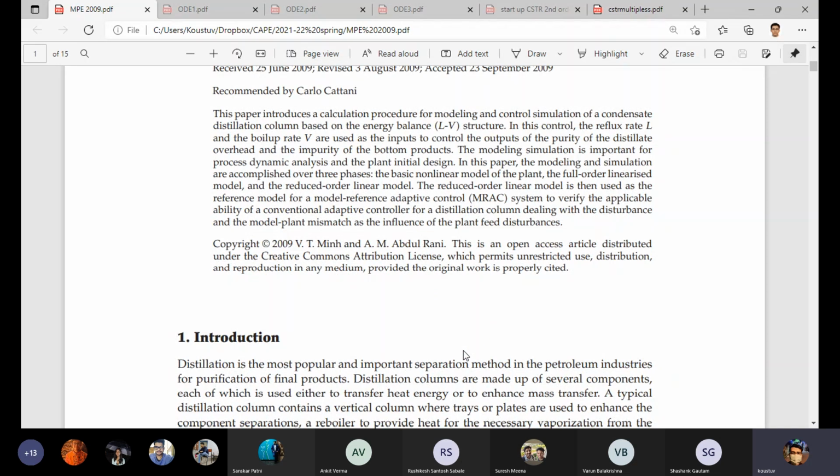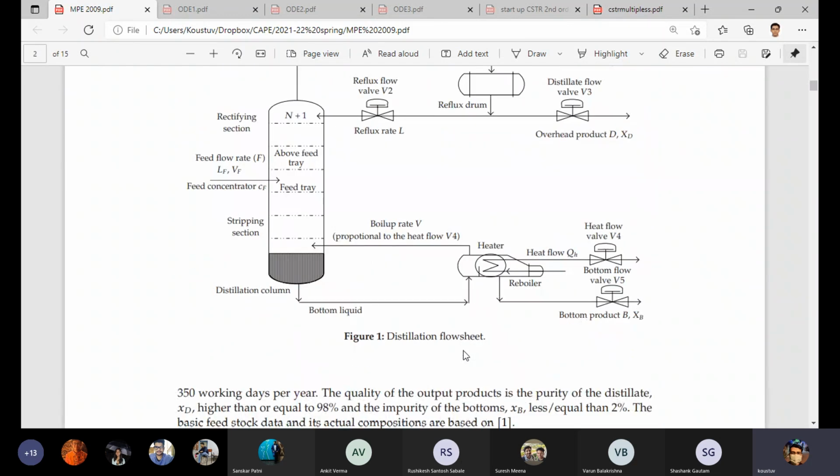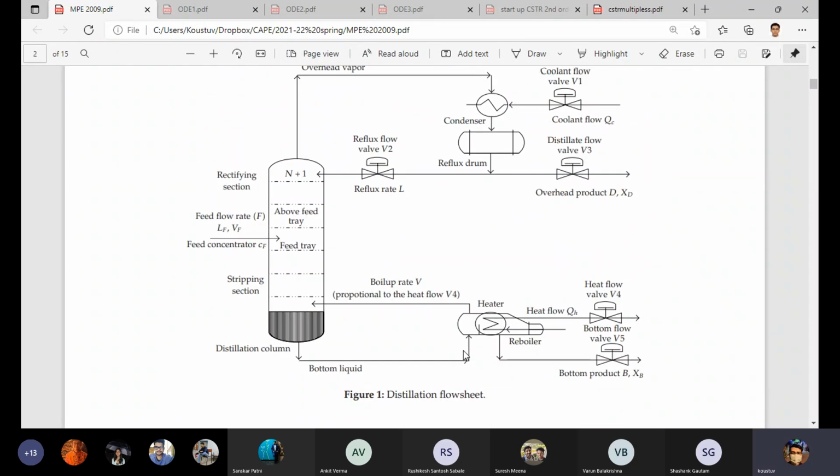As in the reactor case, we have to identify where the source of nonlinearity is. When we design a distillation column, we design at steady state conditions, so we write the overall mole balance and species balance across each tray, the reboiler, condenser, and reflux drum.